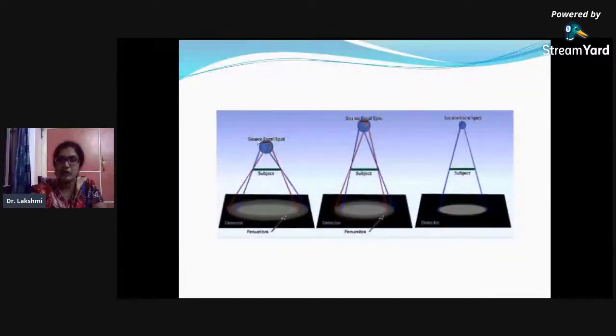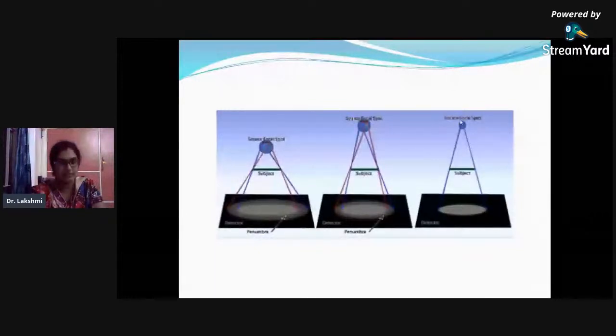The source or focal spot is here, the subject is here, and then this is the detector. In the second diagram, the focal spot is smaller or placed a little away from the subject. Then the size of the penumbra is naturally reduced, and there will be more image. In the last one, there is a good amount of distance, or the focal spot is really small and placed at a distance from the subject.